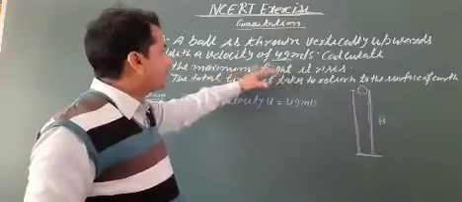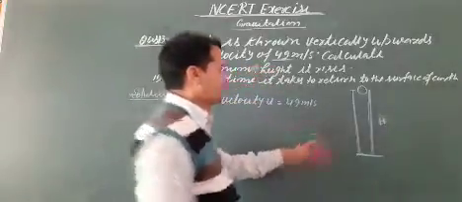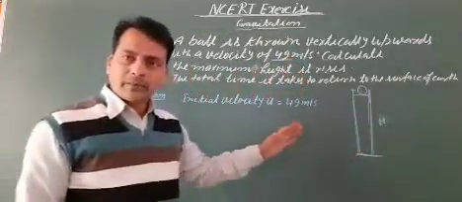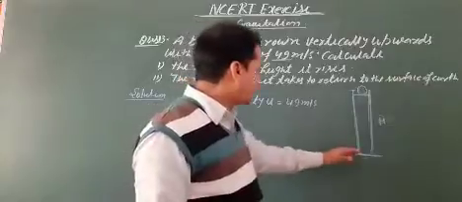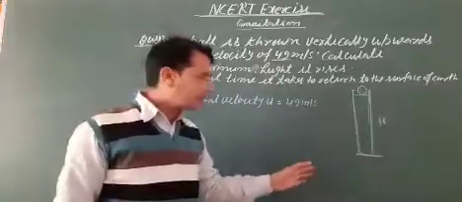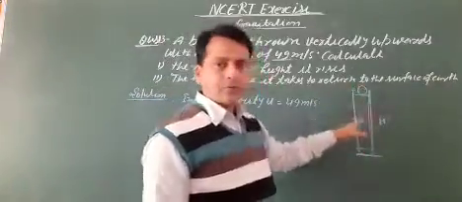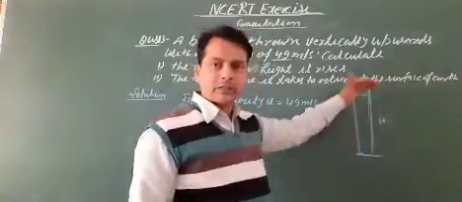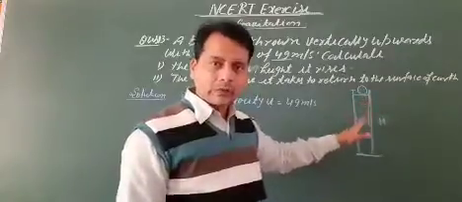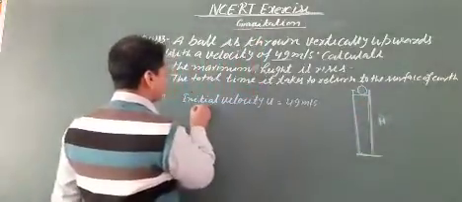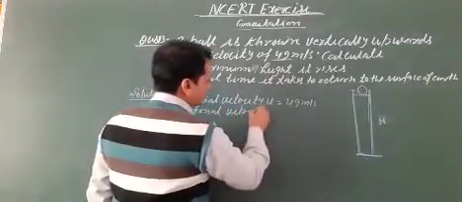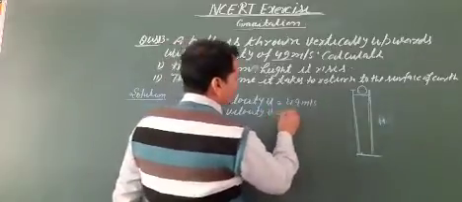When the ball reaches the maximum height, the final velocity will be 0. So the final velocity v equals 0.